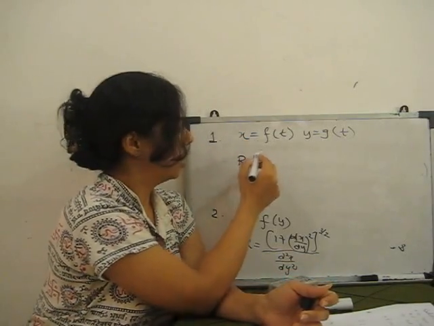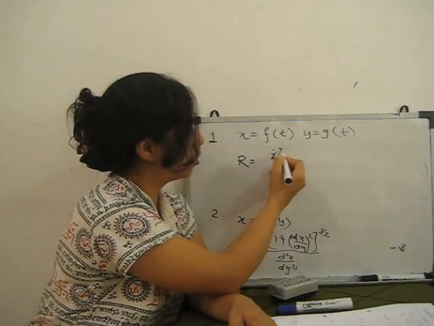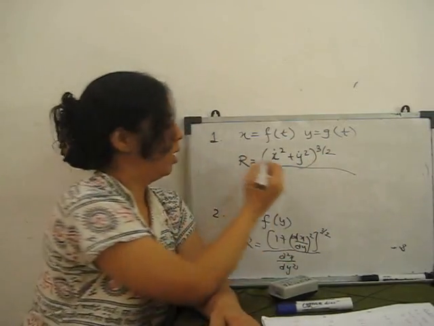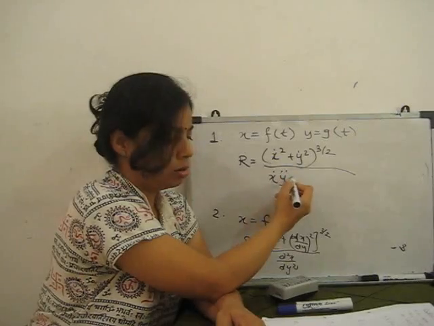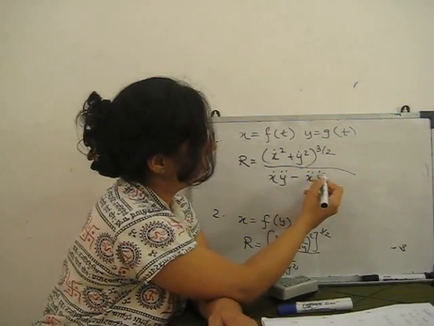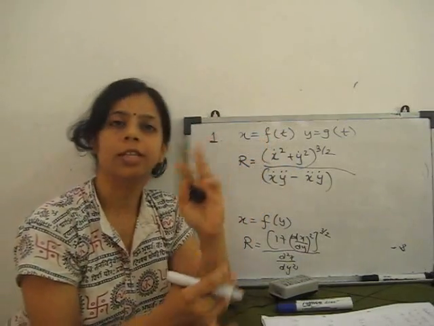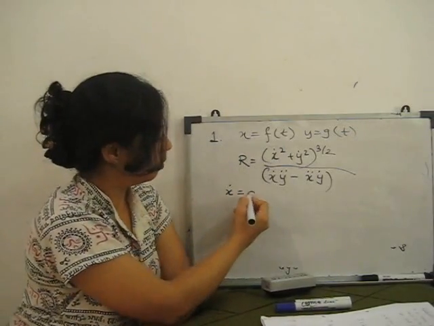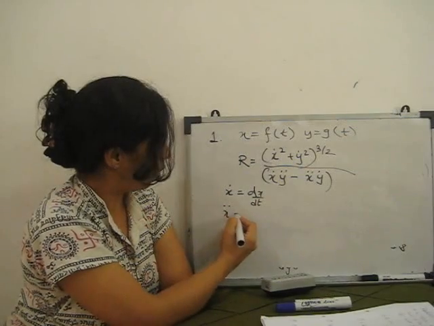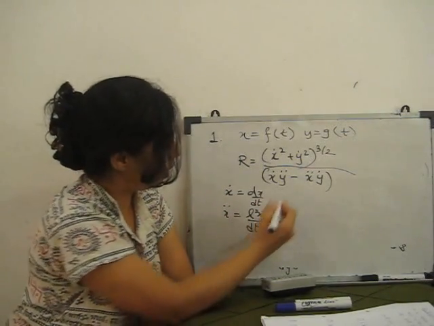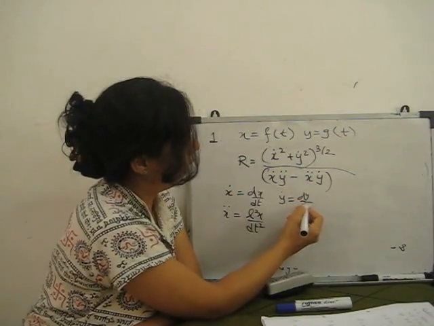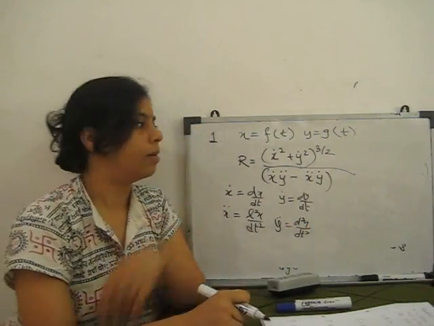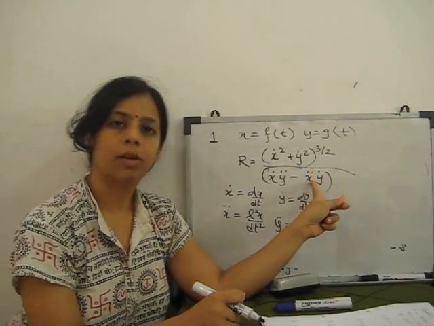Then the radius of curvature is equal to (x dot square plus y dot square) to the power 3 by 2, upon x dot y double dot minus x double dot y dot. These dots denote derivatives: x dot means dx by dt, x double dot means d2x by dt square, y dot is dy by dt, and y double dot means d2y by dt square, the second order derivative. So for the parametric curve, this is our formula of radius of curvature.